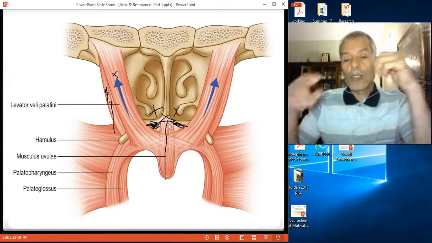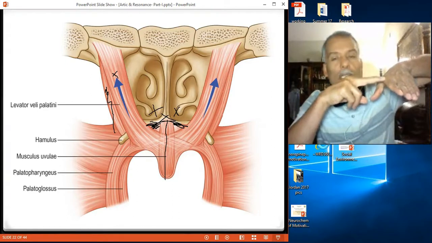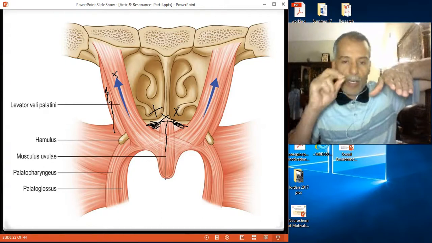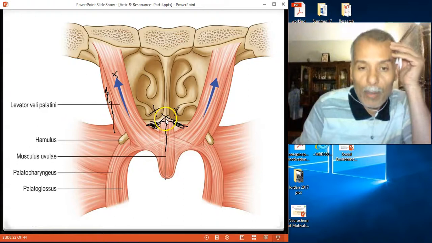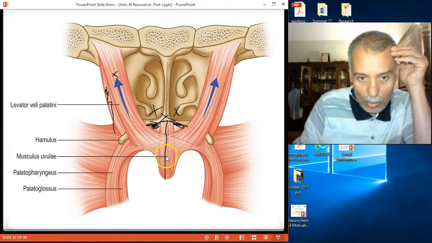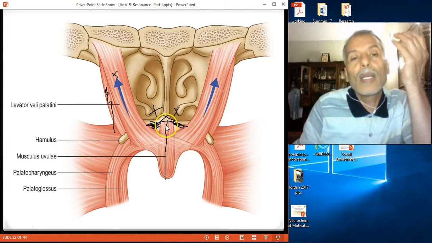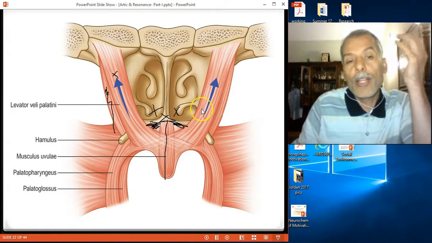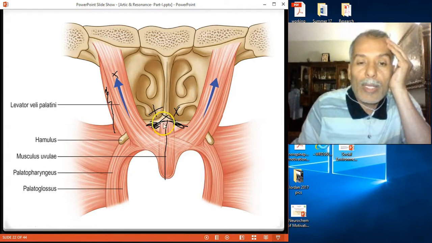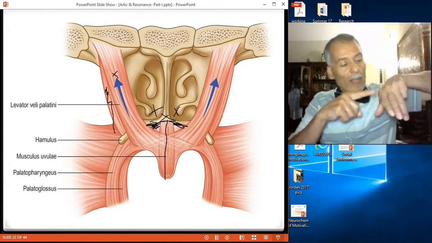The Musculus uvulus connects onto the posterior nasal spine and courses back, and you can see it has two sides, but we consider it to be an unpaired muscle. But if you really examine it, you'll find it has two sides. Not that it matters a big deal, but it is considered unpaired because it's just one piece together, as opposed to the levator veli palatini or the tensor or any other muscle. So it connects directly onto the posterior nasal spine, like this.